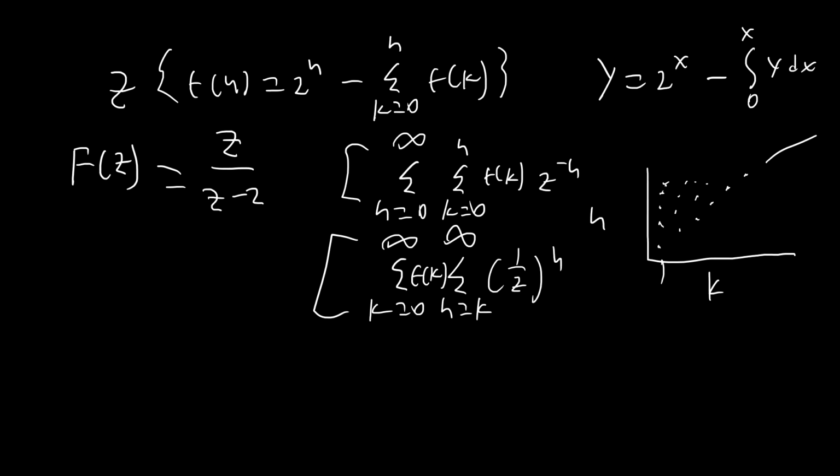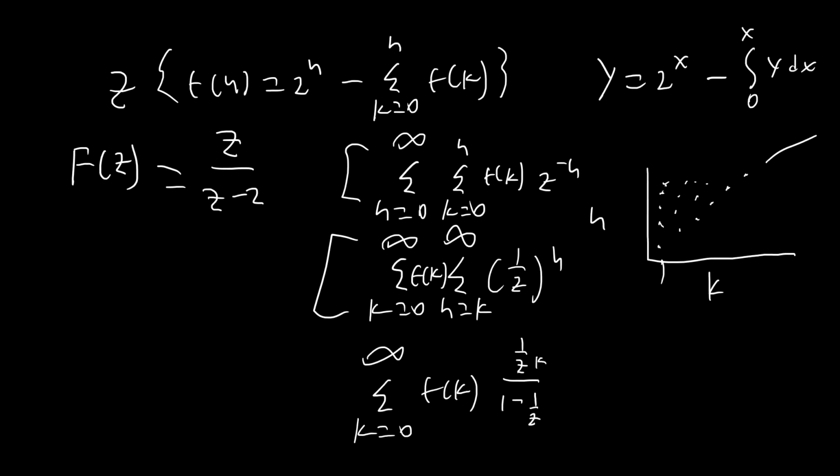If we go ahead and evaluate this inner sum, we're going to have the sum from k equals 0 to infinity of f of k, and then we're going to have, of course, 1 over 1 minus 1 over z, sorry. And then we just have to multiply by the first term, which in this case is just going to be 1 over z to the k, right?